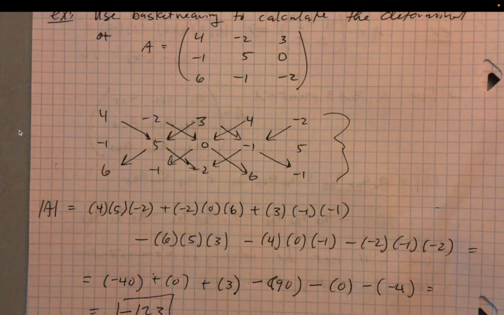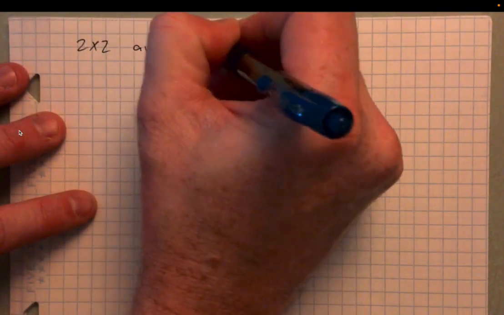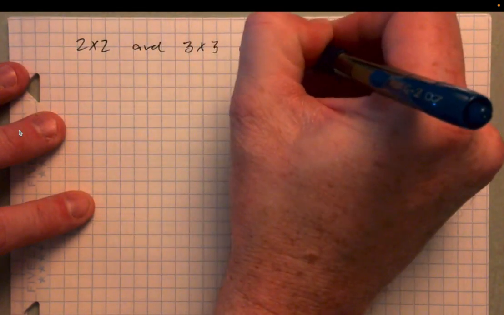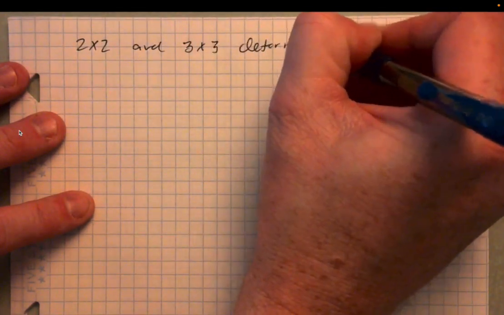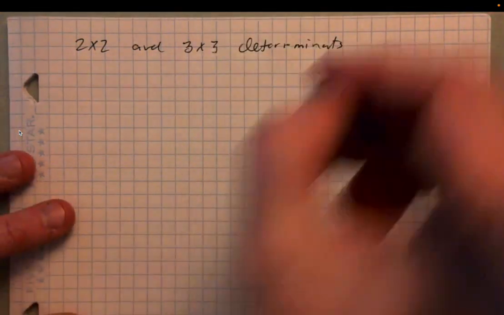Before we go further, let's talk about a useful application of determinants. 2x2 and 3x3 determinants are sometimes interpreted as areas and volumes.